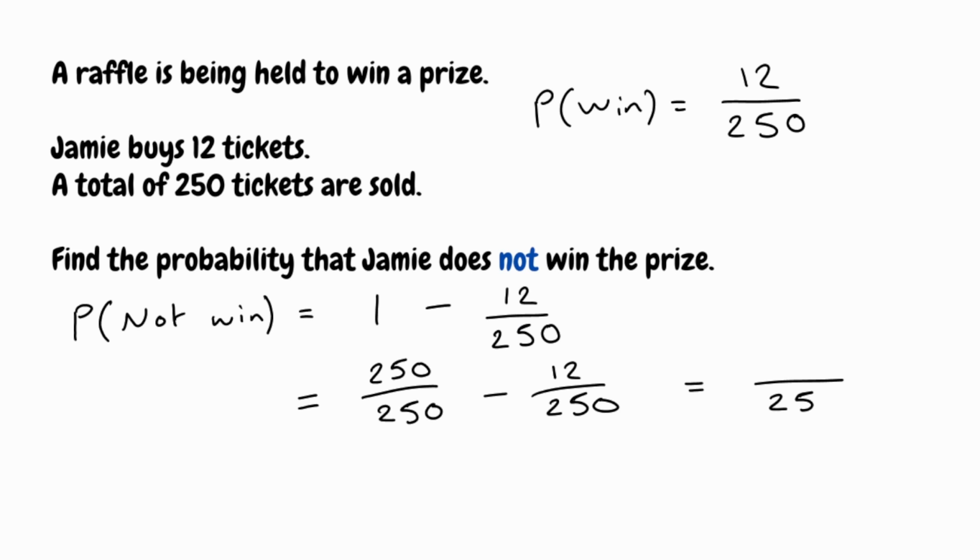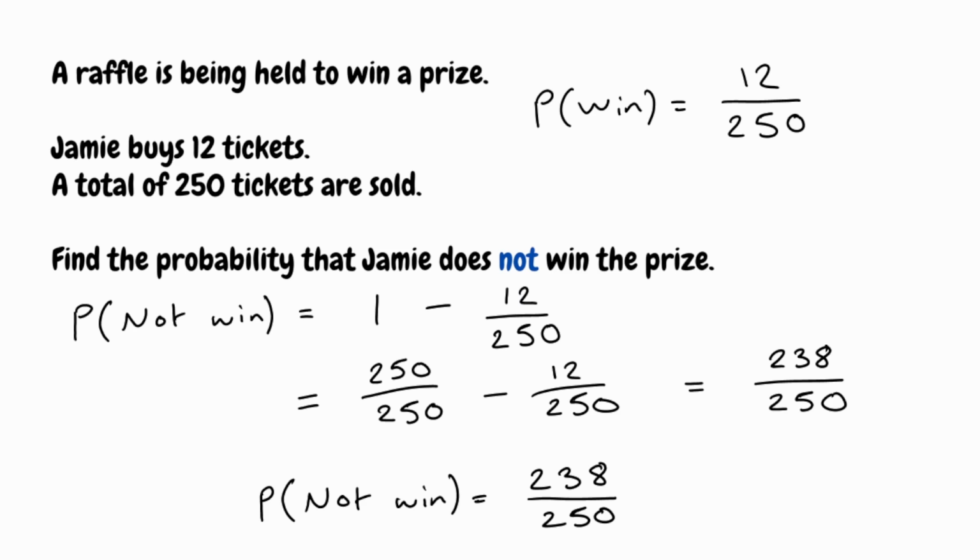So I'm still going to have 250 on the bottom. I'm simply then going to subtract the numerators. So we do 250, take away 12. That's going to give us 238. So the probability of Jamie not winning is 238 over 250.